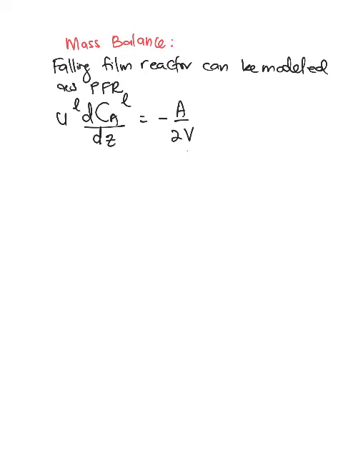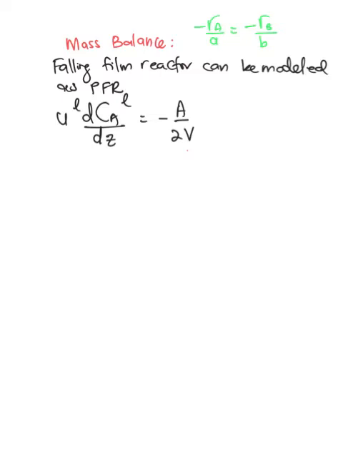Remember again from the previous example, as I told you, negative R_A per A equals negative R_B per B. The rate of reaction is for A, but now we consider the mass transfer of oxygen, so we need to divide by the stoichiometry of oxygen, which is 2.